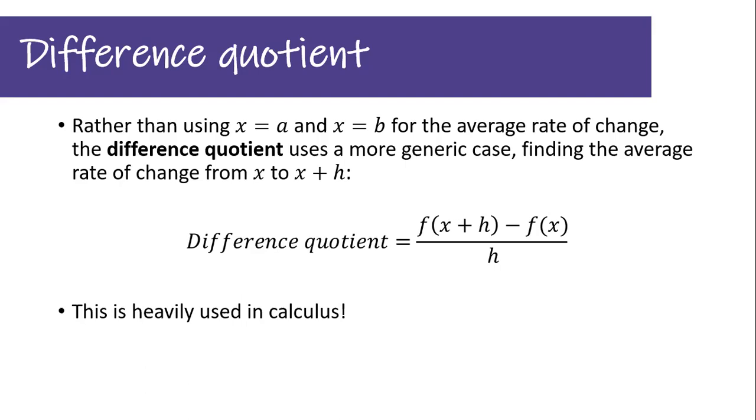You can show with algebra that you're just using that average rate of change formula. Because, let's see if we can go to the whiteboard. We already know that f of x plus h is going to be our y2, minus f of x, which is our original y1.